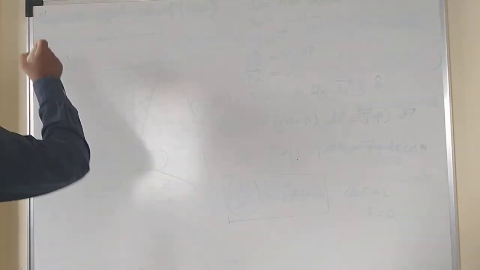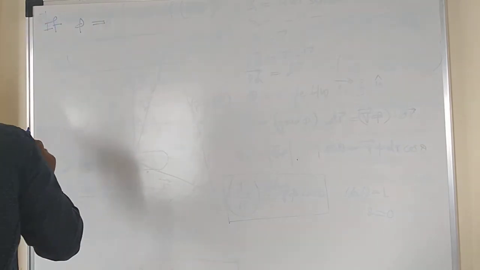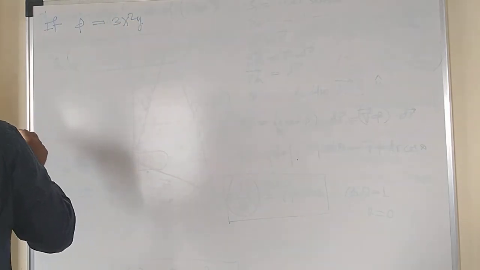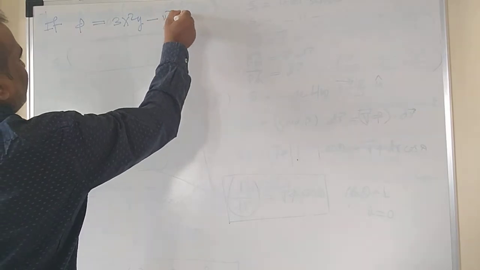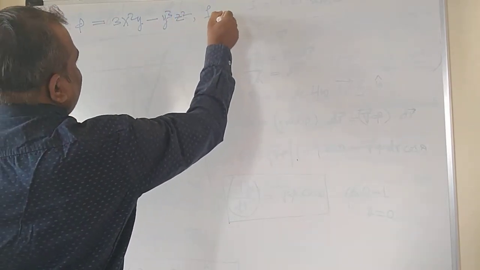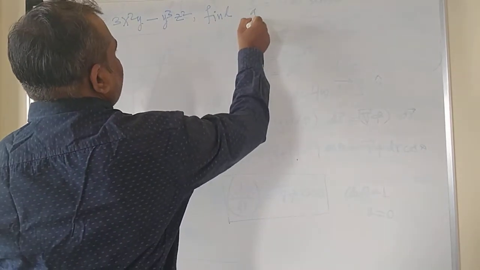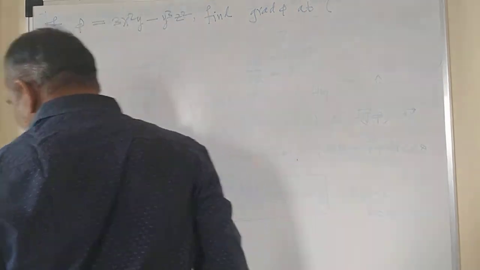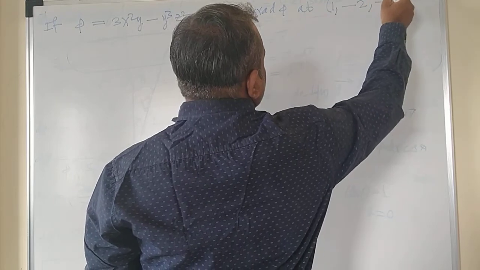So the first problem: if phi is equal to 3x square y minus y cube z square, then find grad phi at the point. What is the value of the point? The point is 1, minus 2, minus 1.